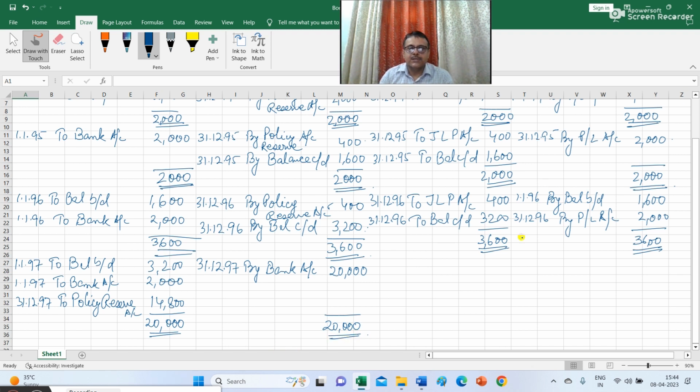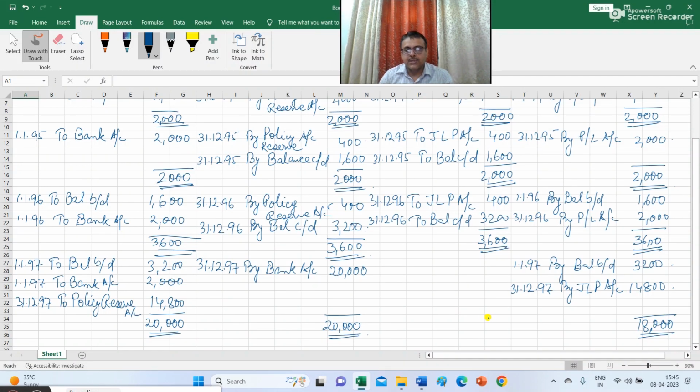And let us see what is the situation of life policy reserve account. So on 1st January 97, I have to write here as by balance BD 3,200. Then on 31st December 97, the amount will be transferred from joint life policy account. So I have to write here as joint life policy account rupees 14,800, and the total is 18,000.